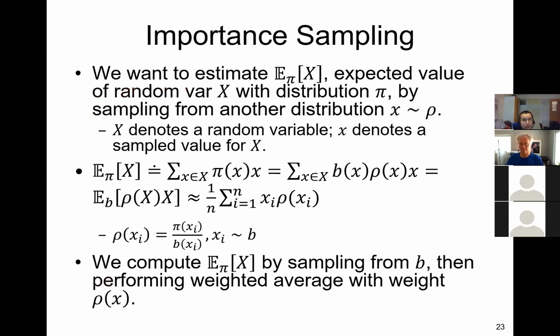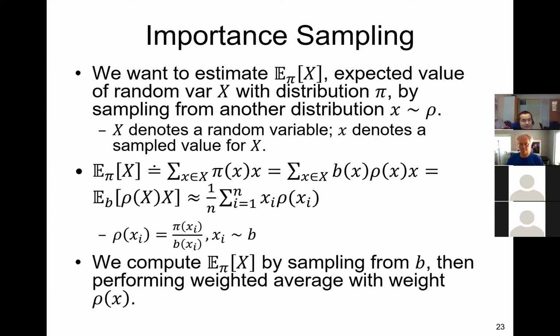So importance sampling. We want to estimate the expected value of a random variable x with distribution pi by sampling from another distribution rho. The capital X is the random variable, small x is the sampled value.